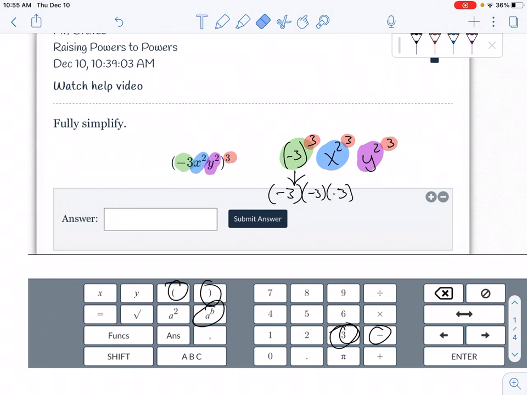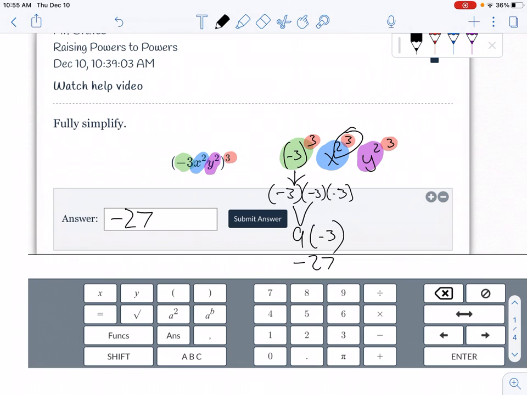So in Delta, you can do it in the calculator. This is what it means. Negative 3 times negative 3 is positive 9 times negative 3, which is negative 27. X to the second raised to the third. 2 times 3 is 6, so I get x to the 6th. And y to the second raised to the third is going to give us y to the 6th.